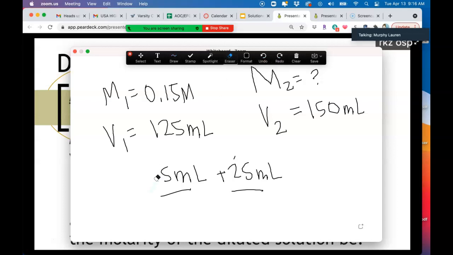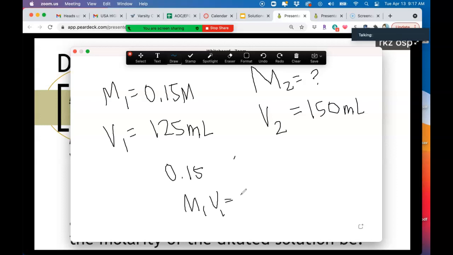So now at this point, this is not hard math. You plug and chug. So M1V1 equals M2V2. So M1 is 0.15 molar. V1 is 125 milliliters. M2, I don't know, you can call it X if you want.